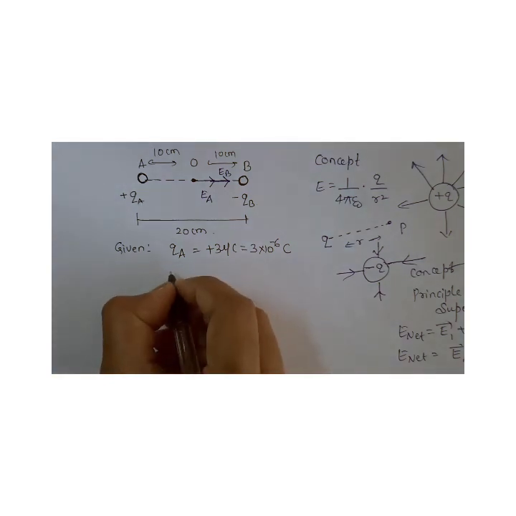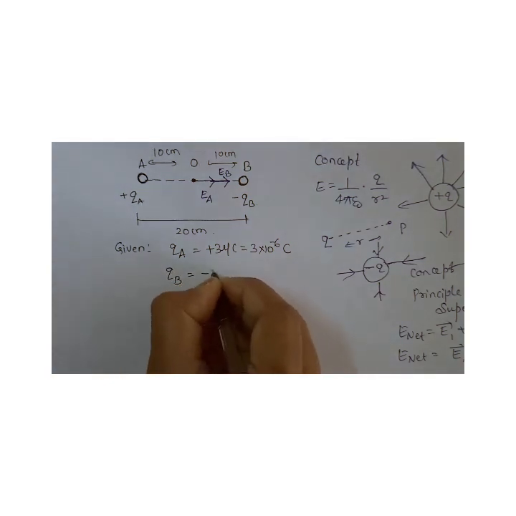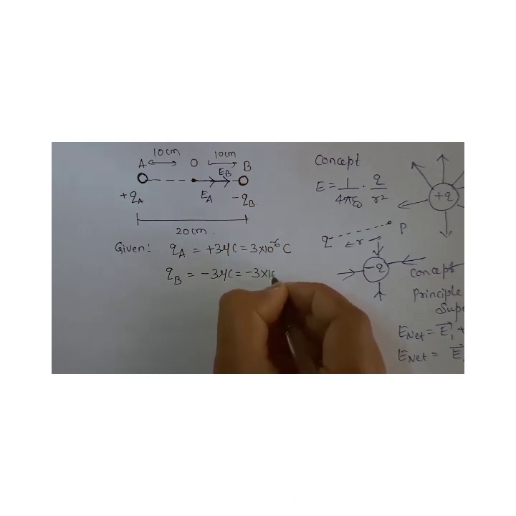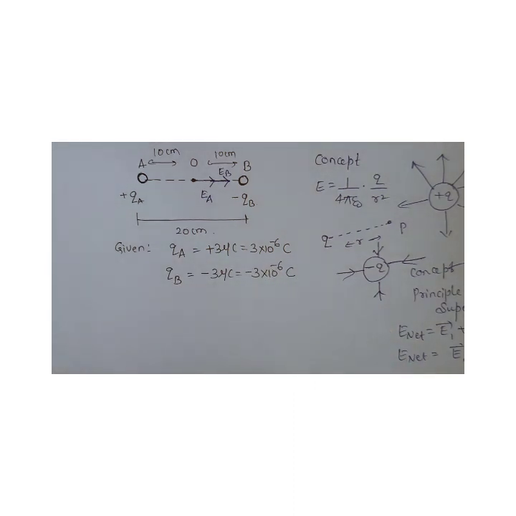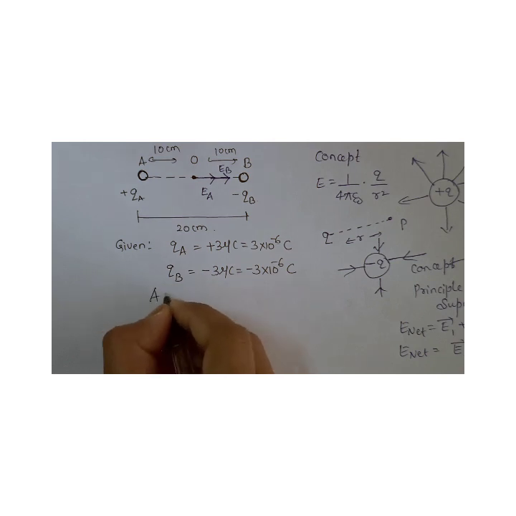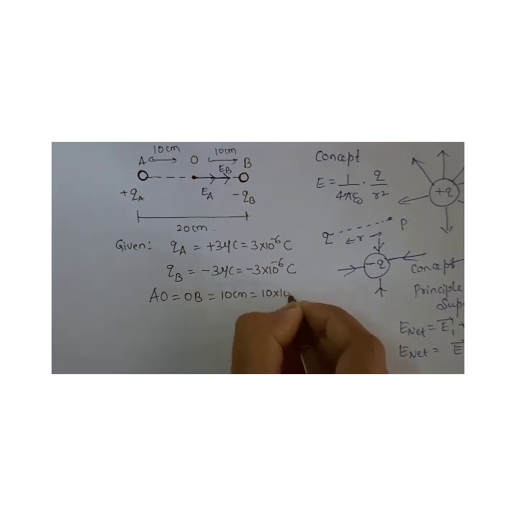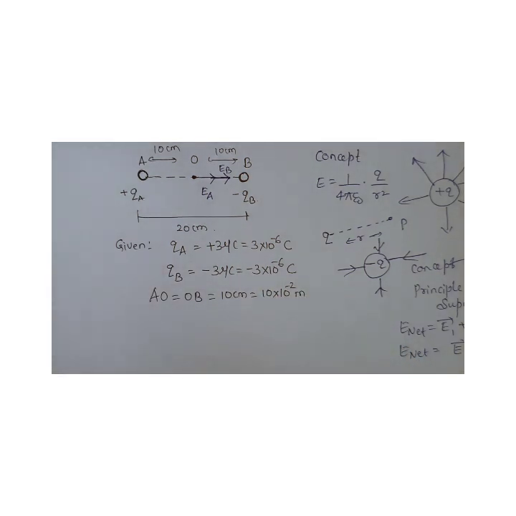Next charge is QB, this is minus 3 microcoulomb, equal to minus 3 into 10 raised to minus 6 coulomb. And what is AO? OB is 10 centimeter, so I have to take it in meters. So centimeter is 10 raised to minus 2 meter.